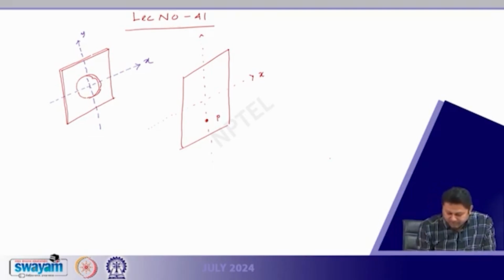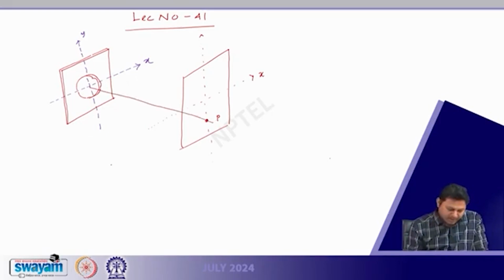So I join this to P here and I take a small section over y.